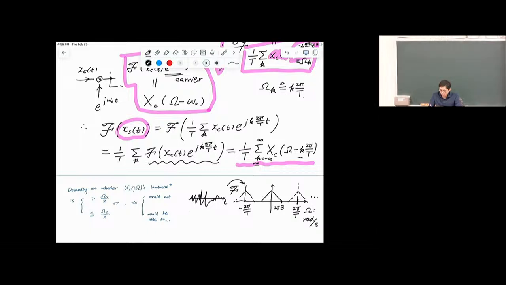We have infinitely many copies of this triangle, which illustrates the original spectrum. But after sampling, what happens in the frequency domain is that now we have additional copies of the spectrum elsewhere, centered at integer multiples of 2 pi over t.